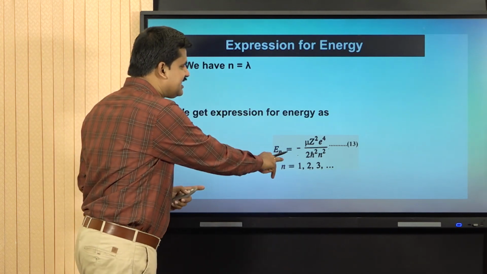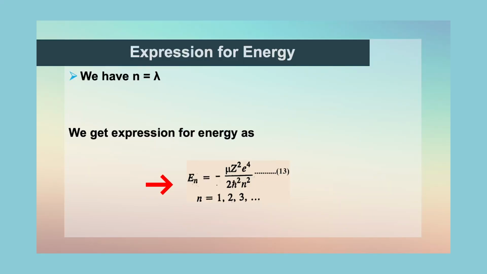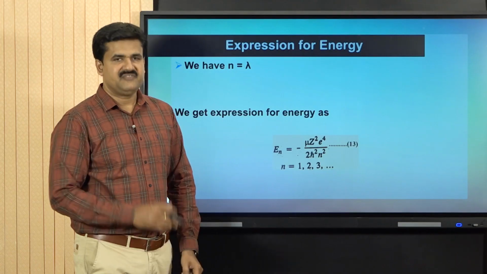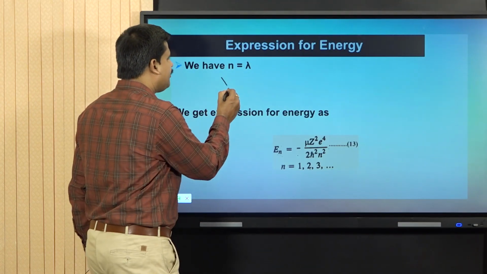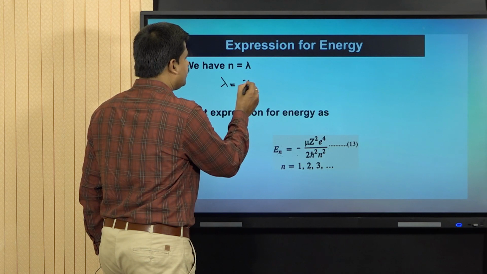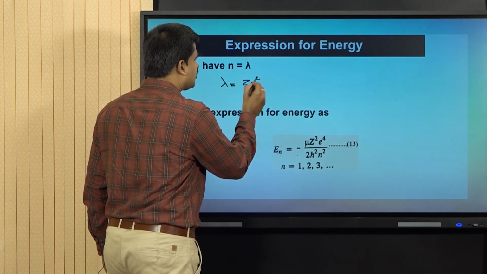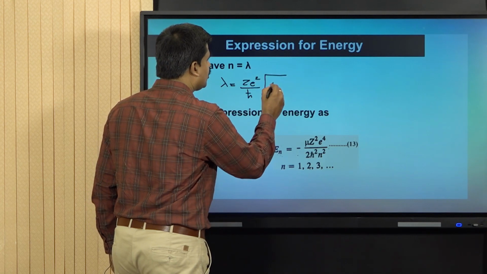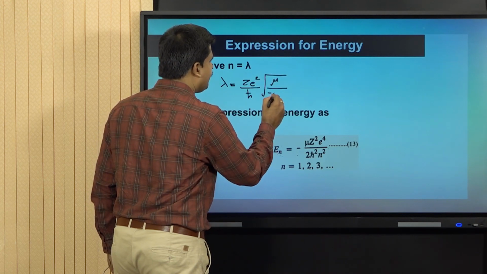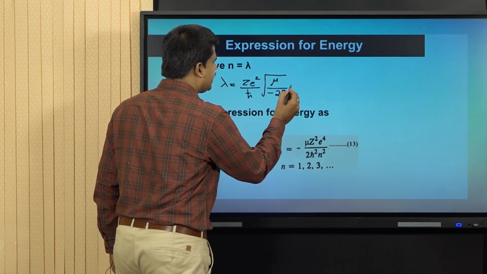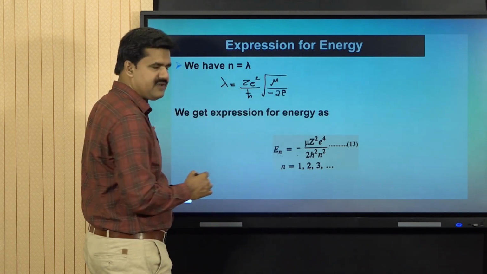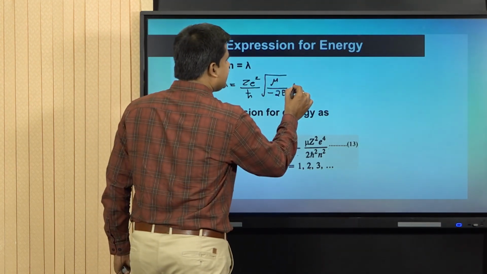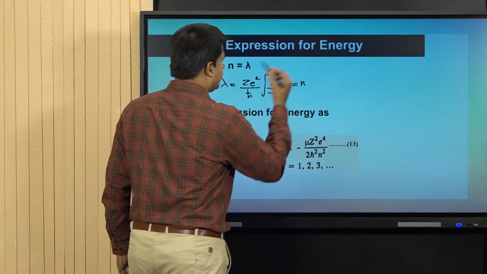That means we are getting this relation. Now I am going to show you how we got this relation. This is obtained from the equality between n and lambda. We know that lambda is equal to Z square by h cross into root of mu by minus 2E. This is the relation of lambda. Lambda is equal to n.